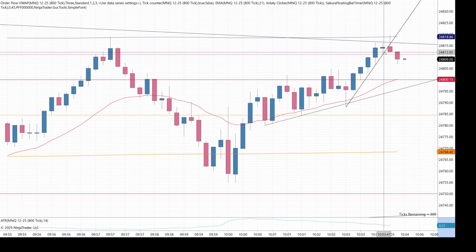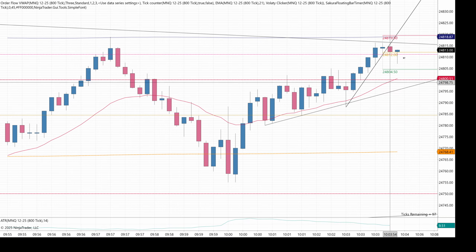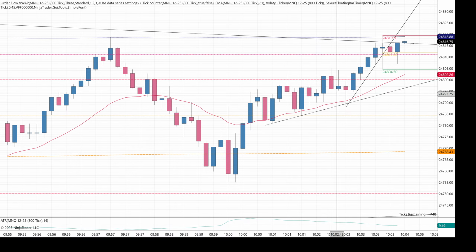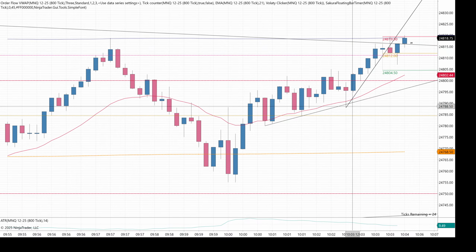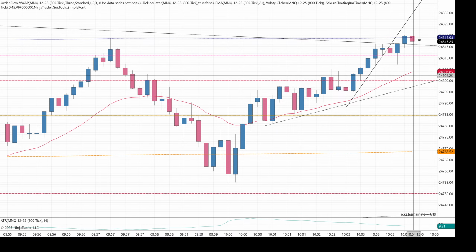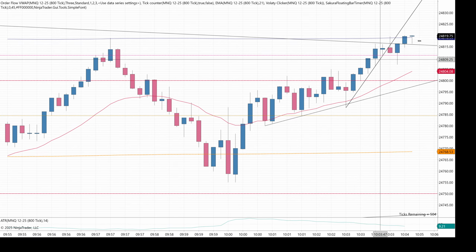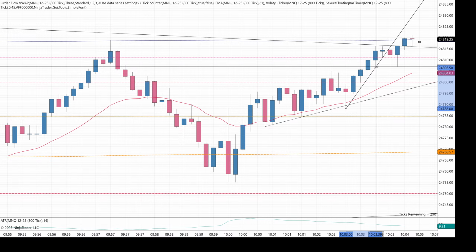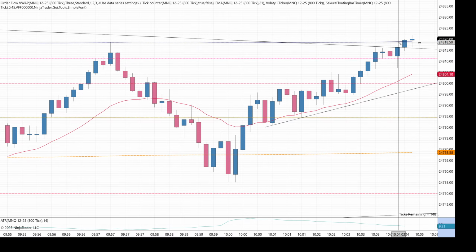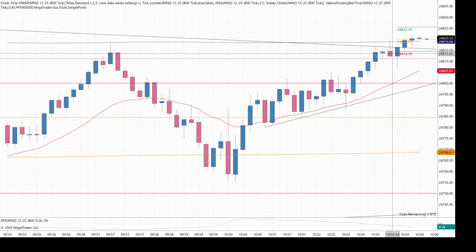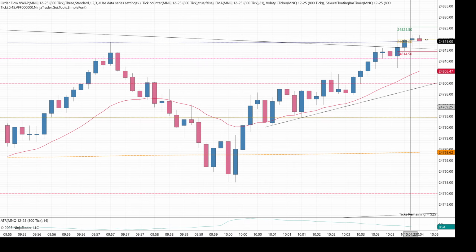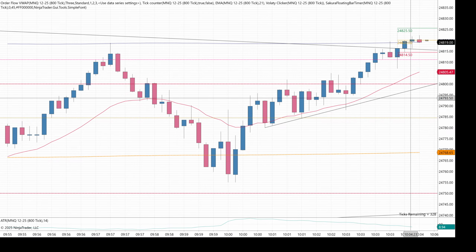This is a bearish trigger, but we had the runner right there, so I'm not going to take it. This is also a bullish trigger right here, but it was the trade that stopped out this trade, so I'm going to pass.